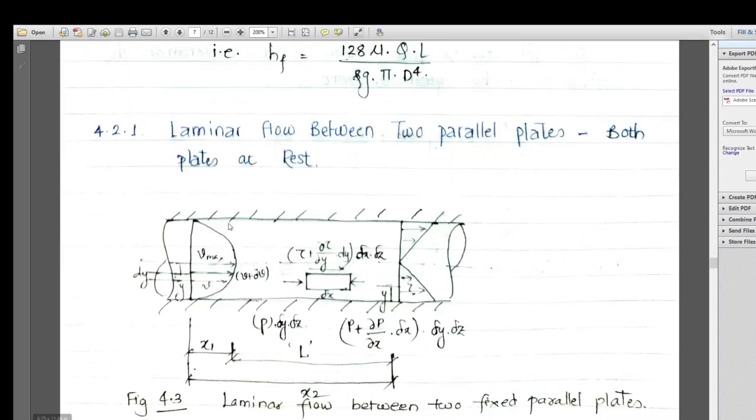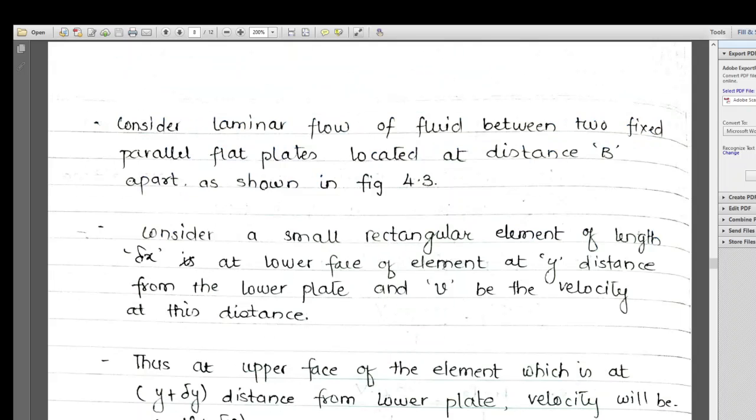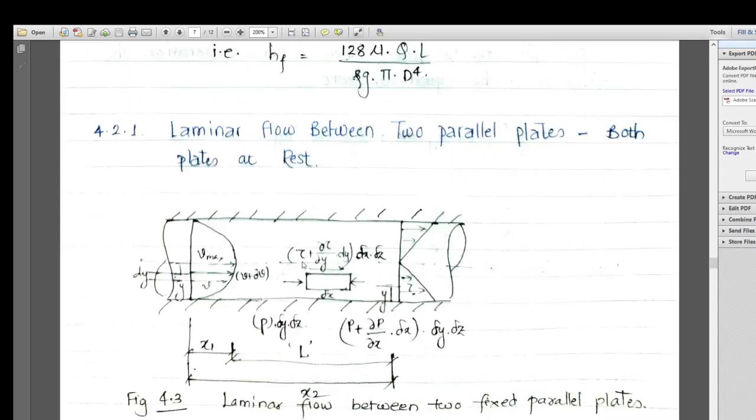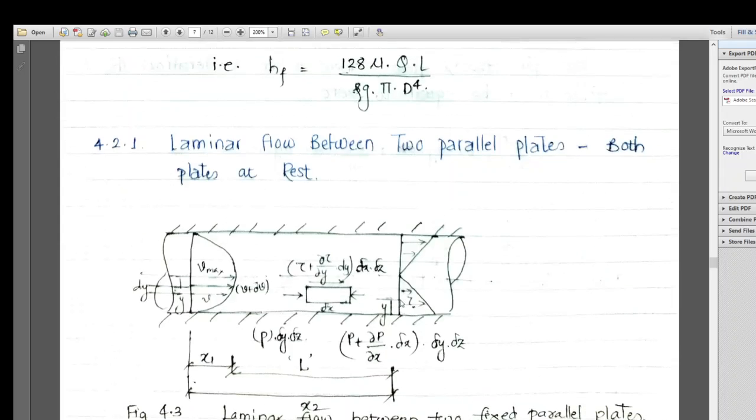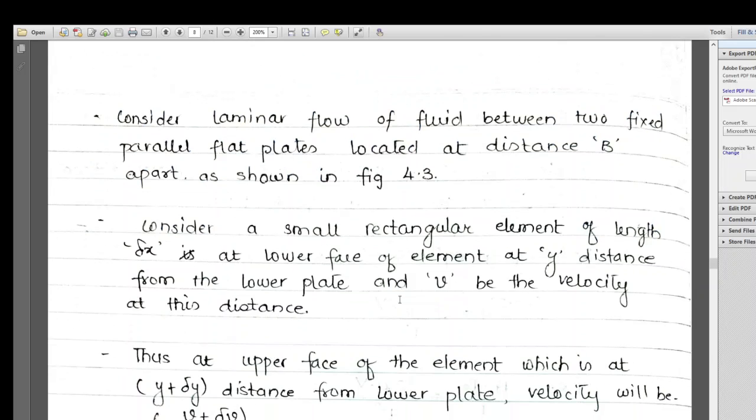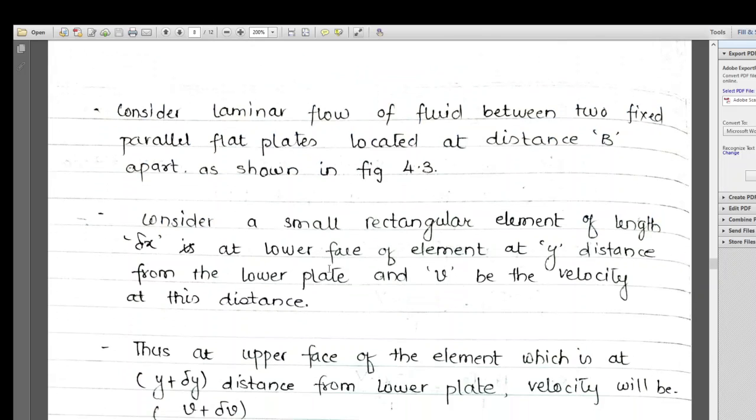Now from this part, let us consider a small rectangular element whose length is delta x, and the lower face of the element is at distance y from the lower plate, and v be the velocity at that distance.